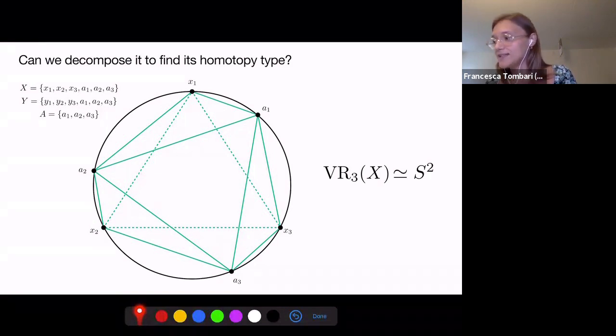You may indeed see that this is an S1 and it is a suspension, and this total simplicial complex is just a suspension of this S1, so S2. Cool. Analogously, we see that Y also has the same Vietoris-Rips complex at scale 3. So it is also homotopically equivalent to S2.